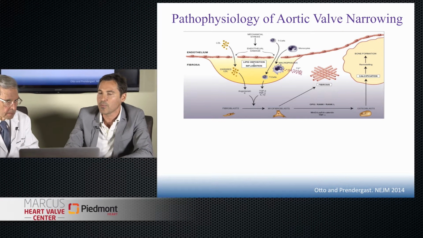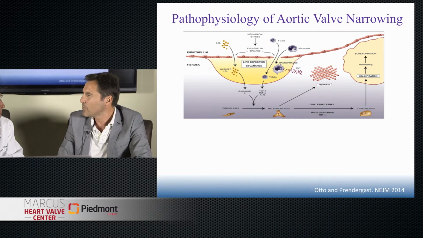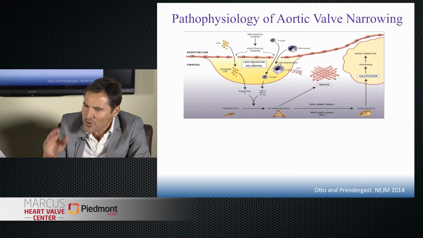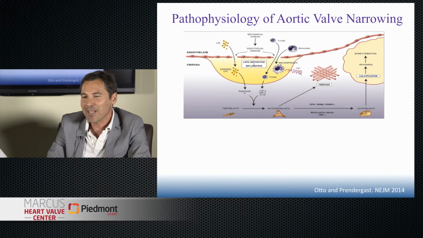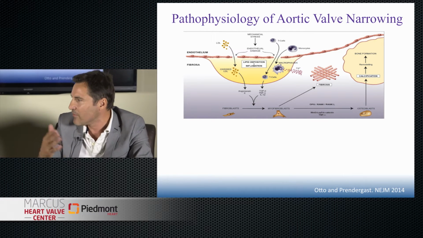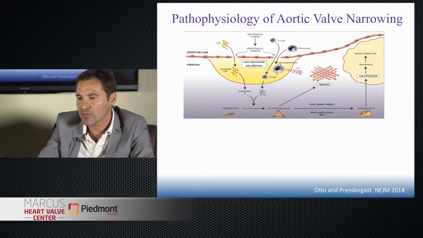Okay. Excellent. This is of importance. Now regarding a bit of pathophysiology, this is very complex. I will not go into details, but this disease shares common similarities with atherosclerosis and with skeletal bone formation, with lipid deposition, with inflammation, with a calcification process.